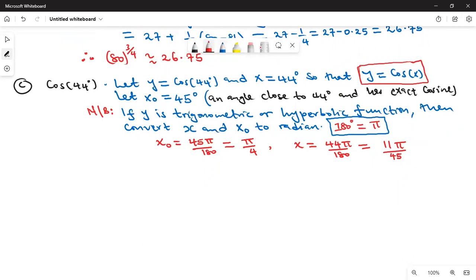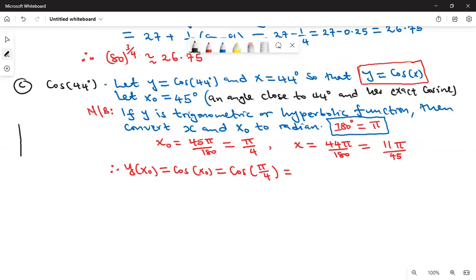Therefore, y at x naught is equal to cosine of x naught, which is cosine of pi over 4. Cosine of pi over 4 is the same as cos 45 degrees.